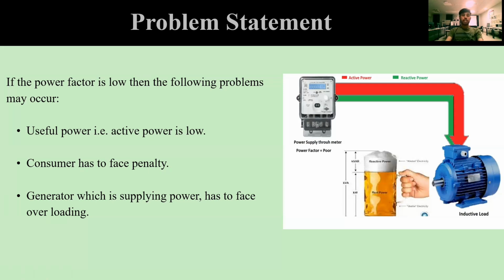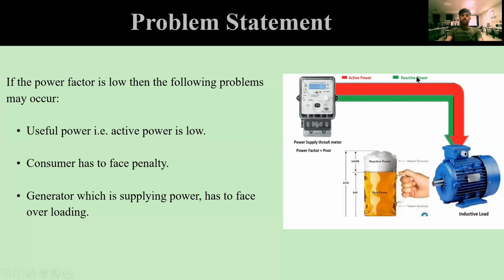At the generation side, the generator will be facing high loading or overloading, and it will be producing high losses due to the high reactive power demand, and it will demand more current in the system.